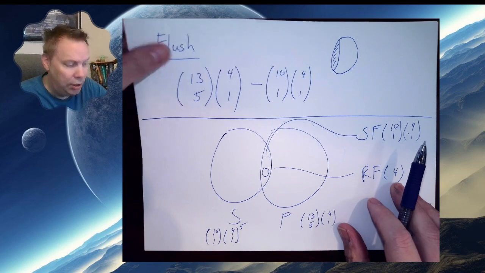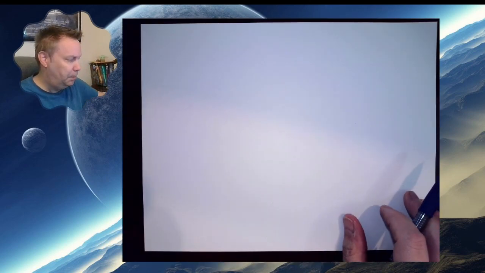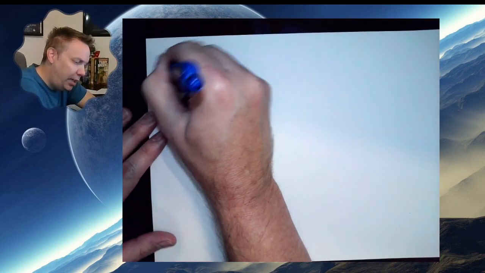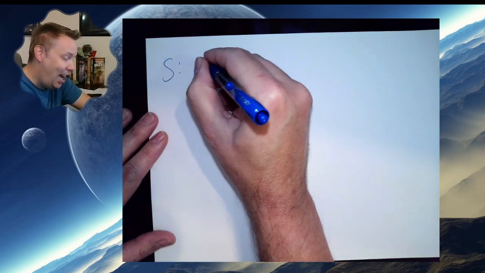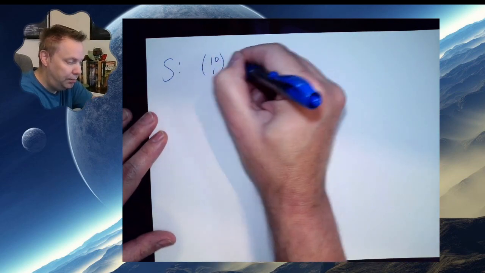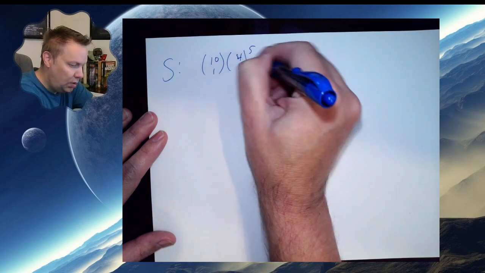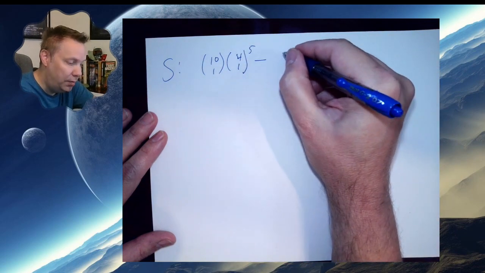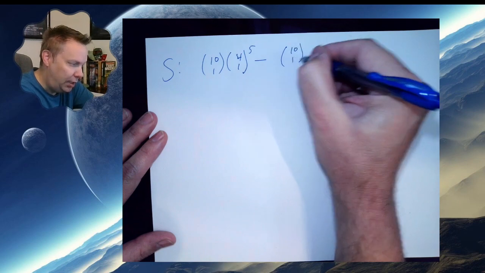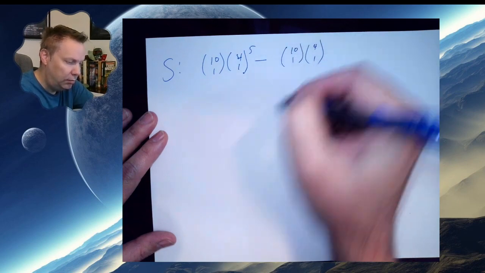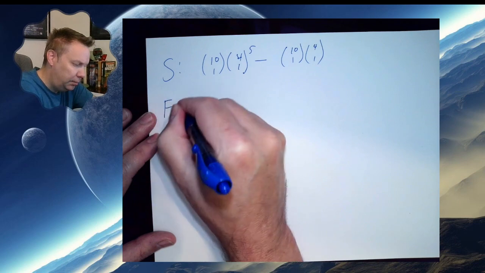So here's a quick little summary of what we just did. The number of straights, the entire Venn diagram, minus the number of the intersection. Number of flushes.